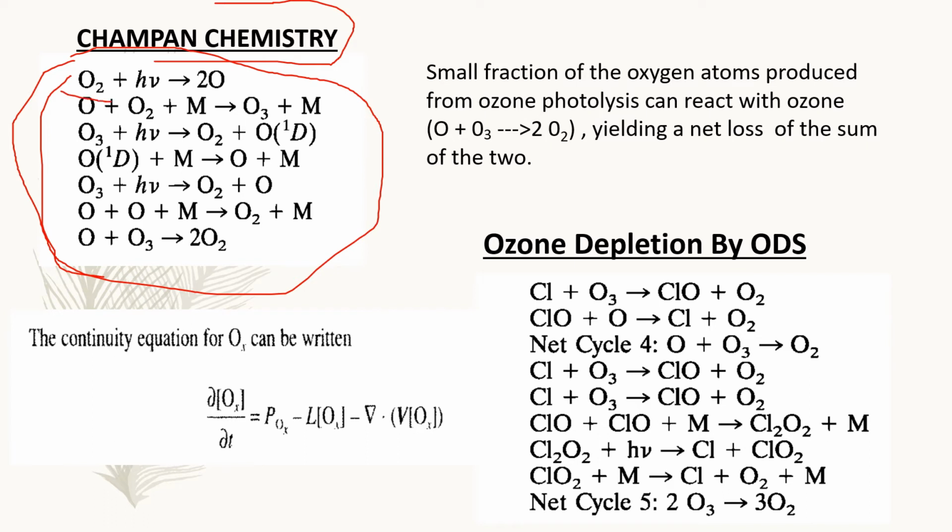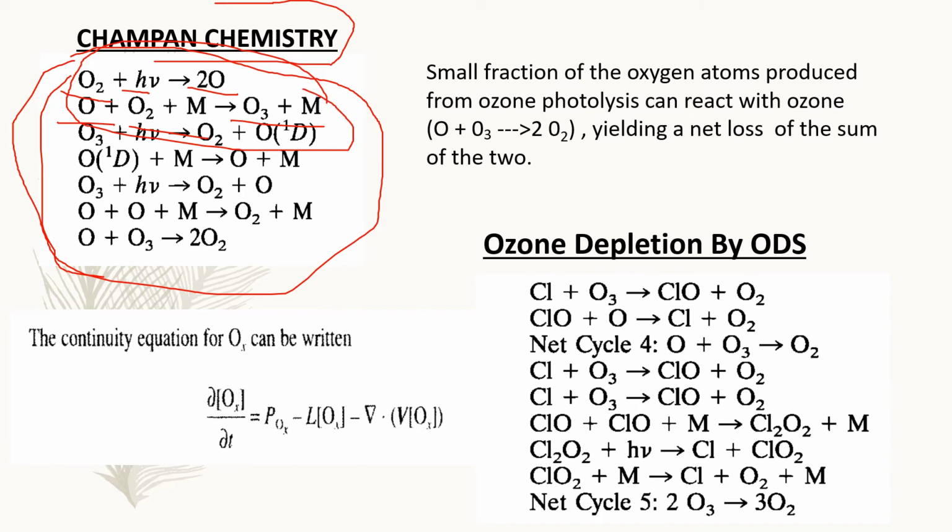The O2 in the presence of hν forms two free radicals of O. This free radical combines with O2 to form O3. These two reactions tell us that O3 has been formed.